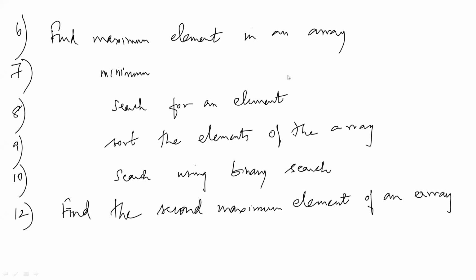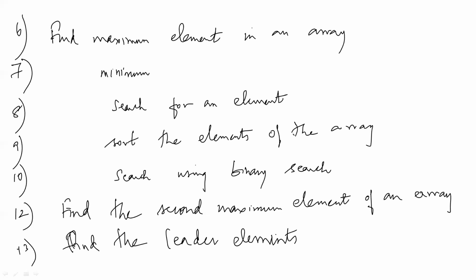Right? So maybe a question like find the leader elements of an array. Now, these kind of questions will be asked. The previous questions are okay, we can easily understand. Leader elements of an array. Now, what do you mean by leader element?